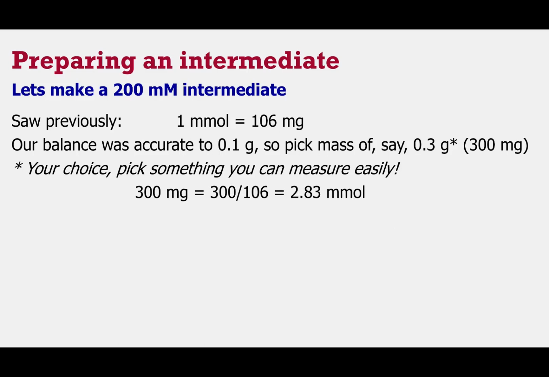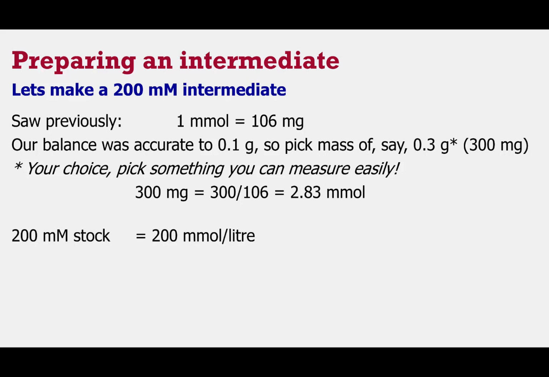So what we're going to need then is 300 milligrams. We know that 1 millimole is 106 milligrams, and so in terms of how many moles we'd have in 300 milligrams, that's going to be 300 divided by 106, or 2.83 millimoles.